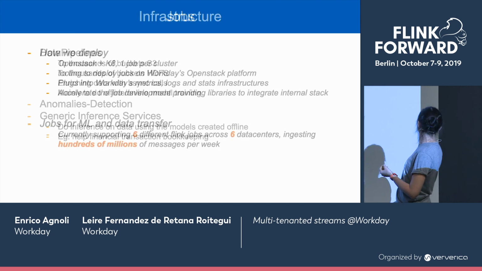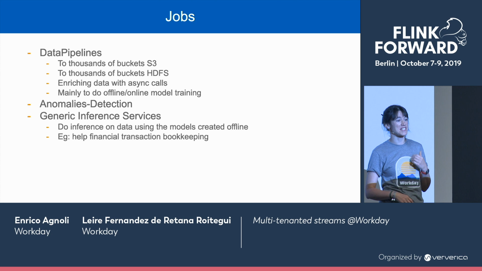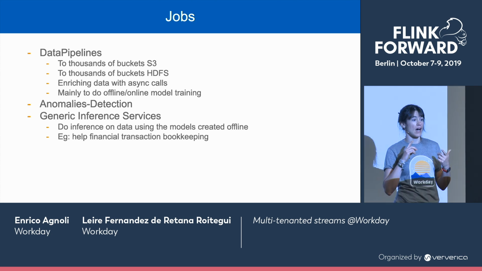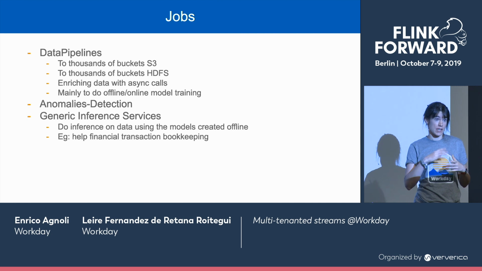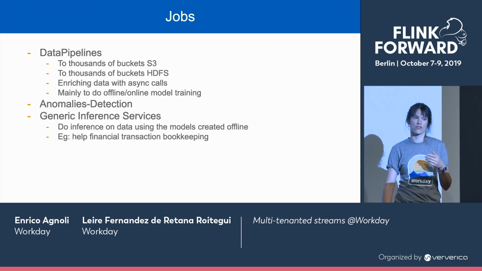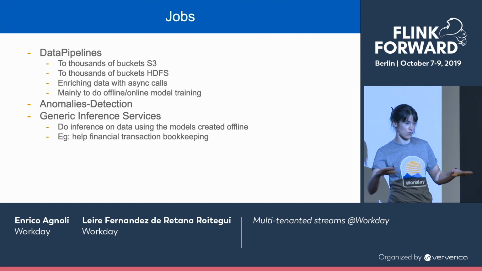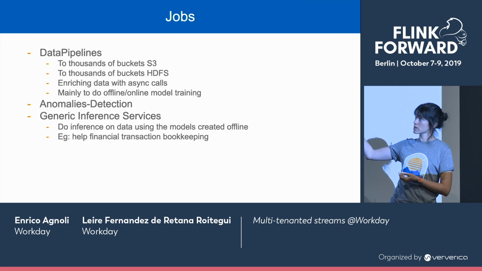In terms of the jobs themselves, currently we have 6 different jobs in production across 6 different data centers, and they process hundreds of millions of messages per week across all jobs. Most of them are data pipelines.